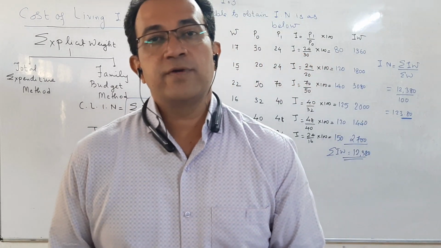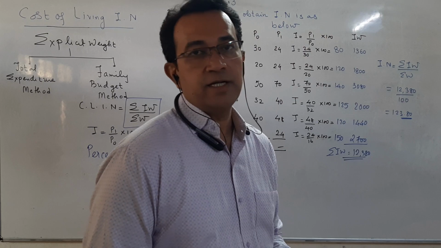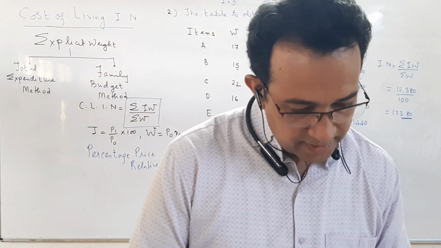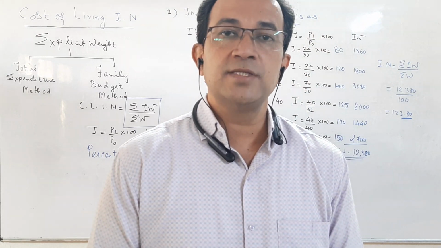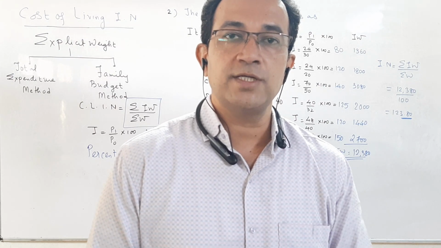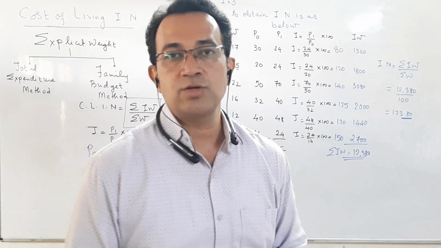Percentage change of index number in the current year will be 123.8 minus 100, that is 23.8. So we can say the price in the current year compared to the price in the base year has increased by how many percent? 23.8%. Interpretation easily, students, you can write on your own.